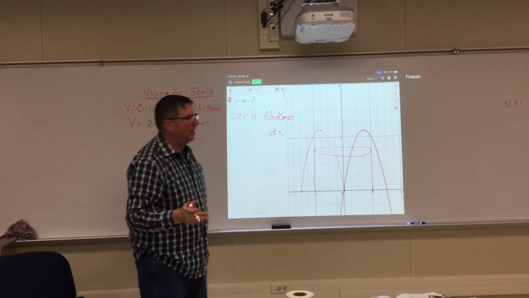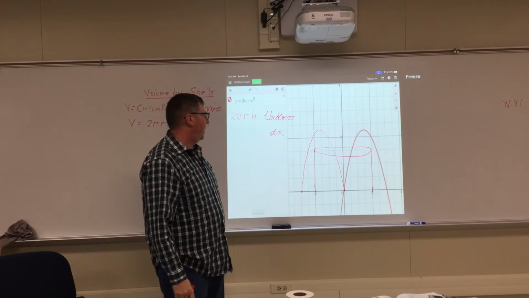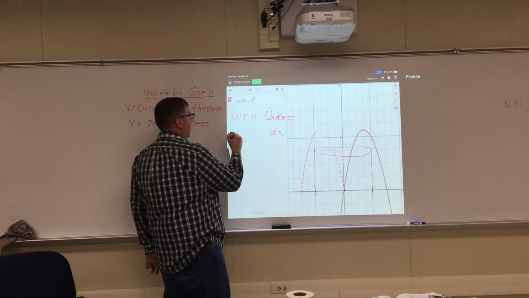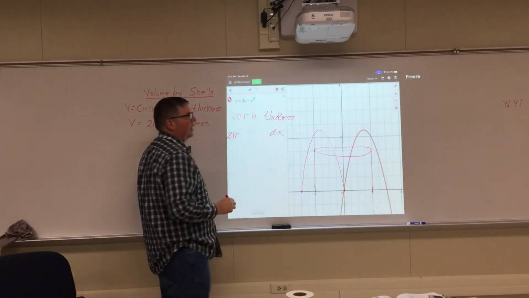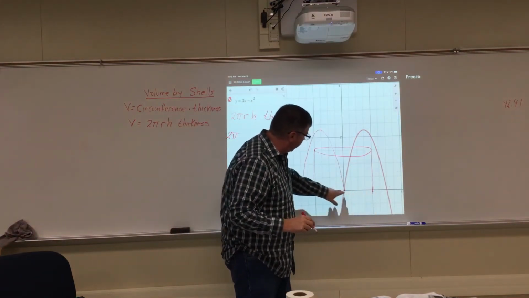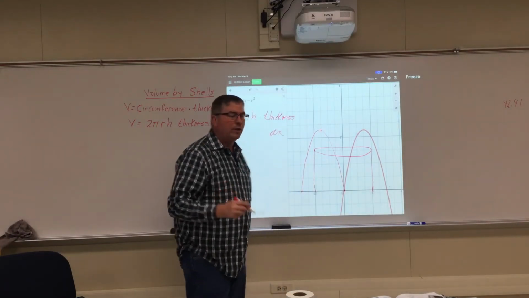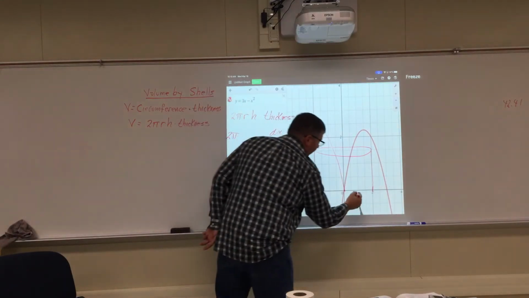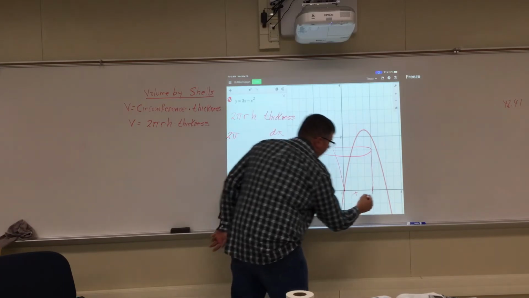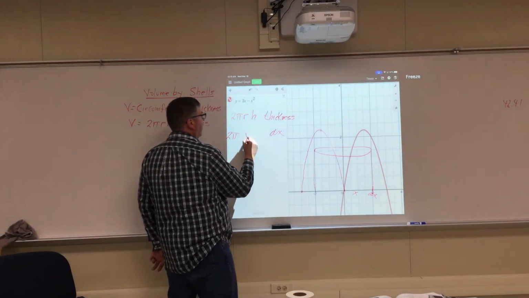And we've kind of realized that using dx is a little easier than using dy anyway. 2 pi is a constant. Now if we look at our radius at any spot here, our radius from the center out is always going to be our x value. I got dx here, I got x there, so our radius is x.